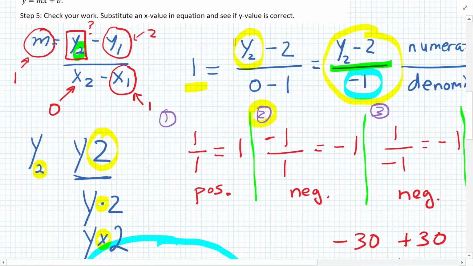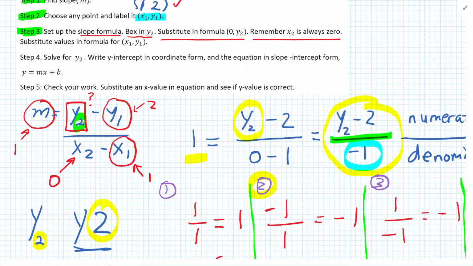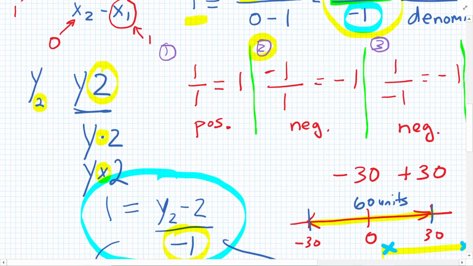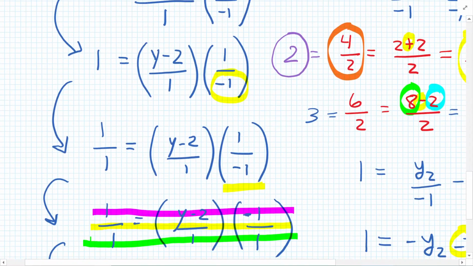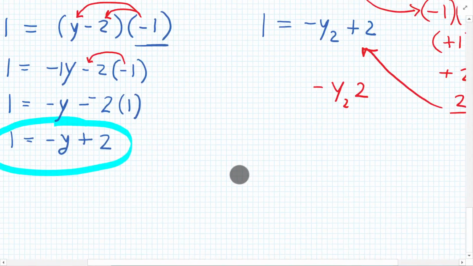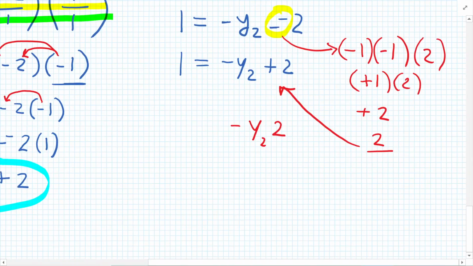For example, over here I have y of 2 or y sub 2 minus 2. Well, if my 2 gets larger, suddenly my problem becomes y times 2 minus 2. That's totally different. So what I'm trying to emphasize here is, if we're going to be using a subscript in our problems, you better be darn sure it stays small throughout every step.